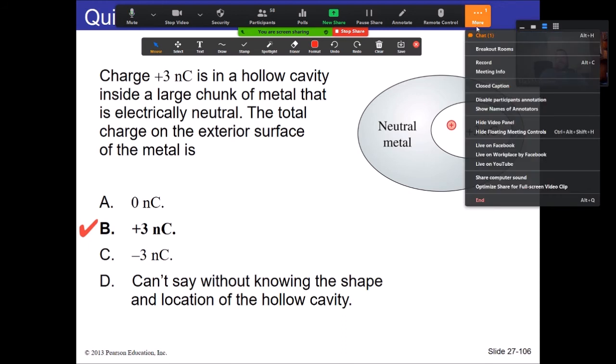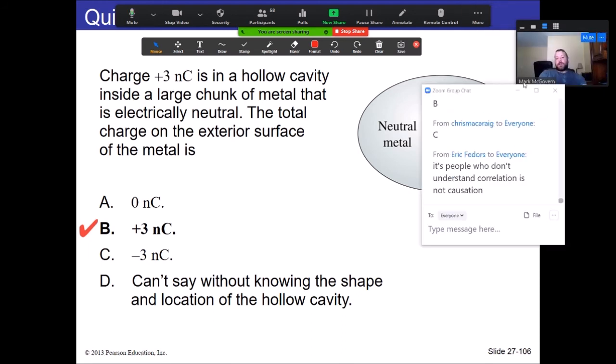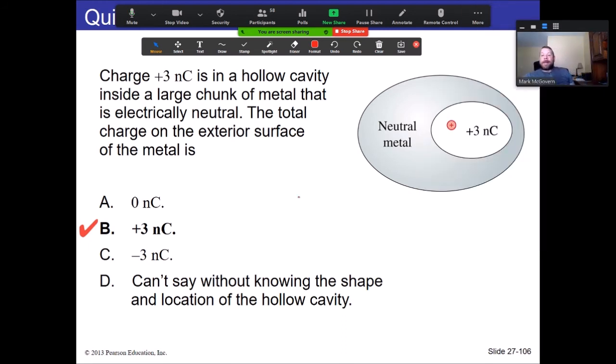Inside the cavity is a 3 nanocoulomb charge. So what builds up here? Negative here. How much negative? Negative 3 nanocoulombs. Sounds weird, but if this is electrically neutral, and we pulled in negative 3 nanocoulombs, then what has to exist out here is a positive 3 nanocoulombs.